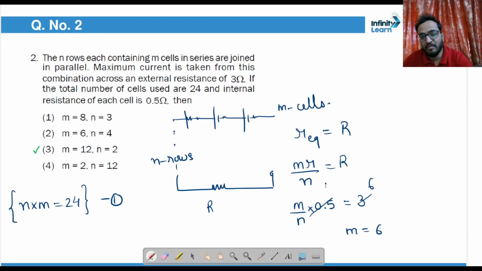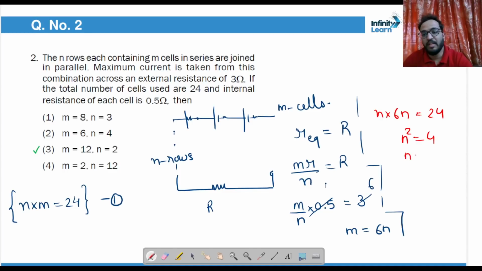So m is equal to 6n. Now n into 6n is equal to 24, n square is equal to 4, n is equal to 2, m is equal to 12. Okay, so this is how you will get your answer.